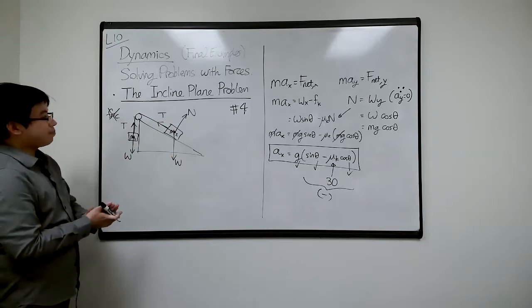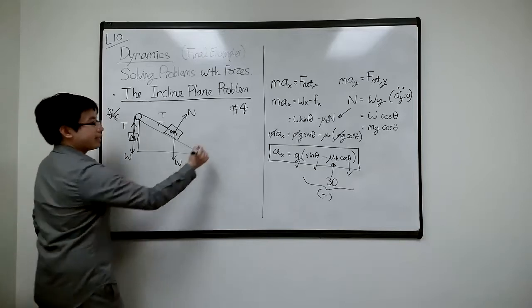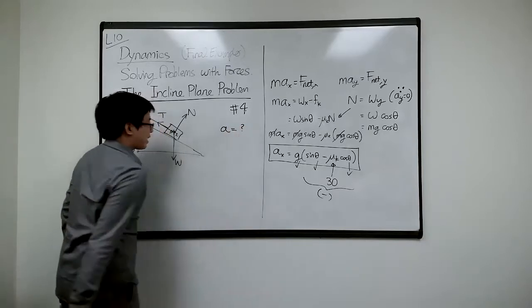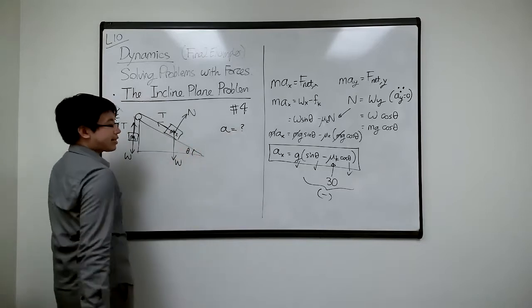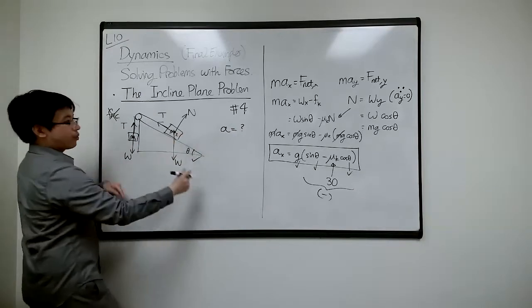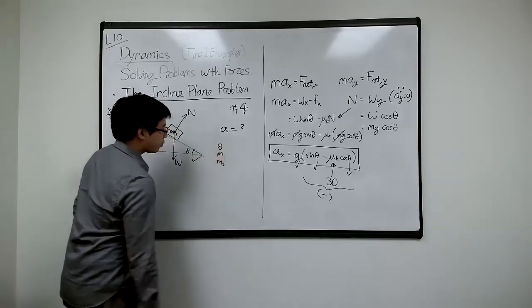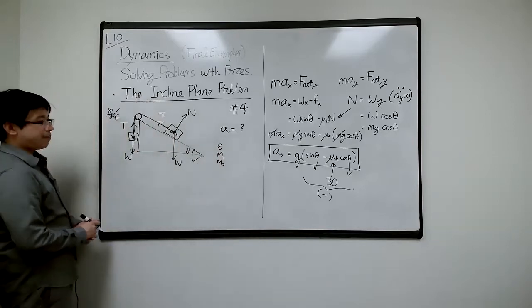Yeah, let's actually solve this. Let's see what happens. So the question is, which way does it accelerate, right? So we'll give the standard things. We'll give what the angle is, and we'll know the angle. We'll know M1, M2, and we'll see what happens, right?